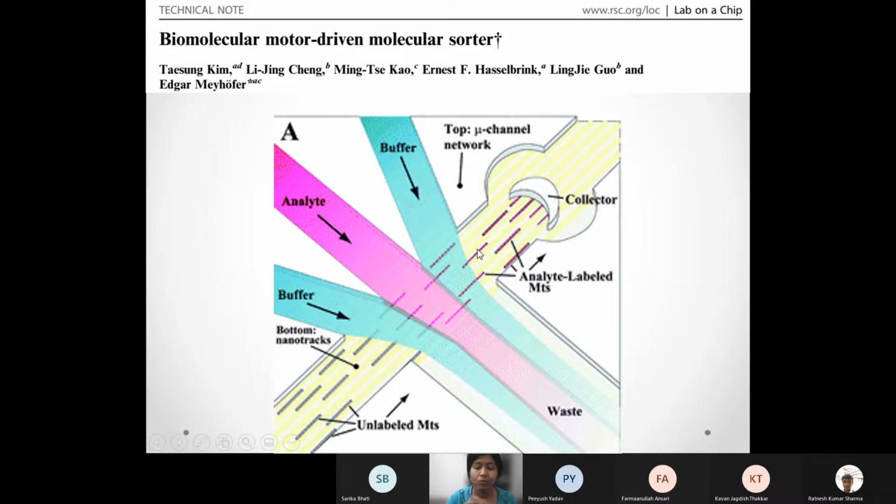And the kinesin motors are tagged with streptavidin, such that every time there is biotin that is present in the analyte, it binds to the streptavidin, and the streptavidin is bound to the kinesin. So the entire system just simply walks on the microtubules towards this collector end and accumulates at the collector end here.